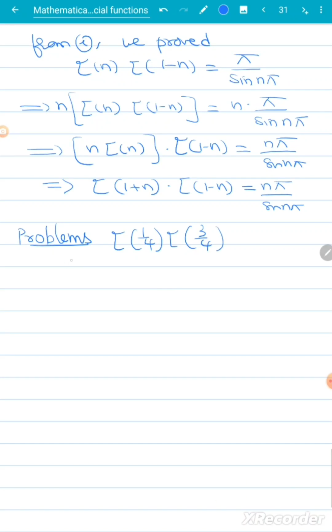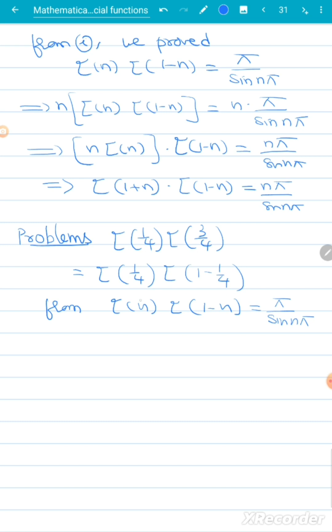This is equal to gamma of 1/4 into gamma of 1 minus 1/4, which is 3/4. So gamma of n into gamma of 1 minus n, from the formula, is equal to pi by sin n pi.